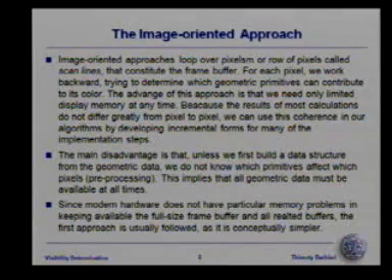And then the rendering stage in which, thanks to the information that we have gathered in the pre-processing stage, we go from the pixel backward to the vertices. In fact, unless we first build a data structure from the geometric data, we do not know which primitives affect which pixels. So all the geometric data must be available at all times, and you always need a pre-processing time before starting rendering. You cannot start rendering right away.